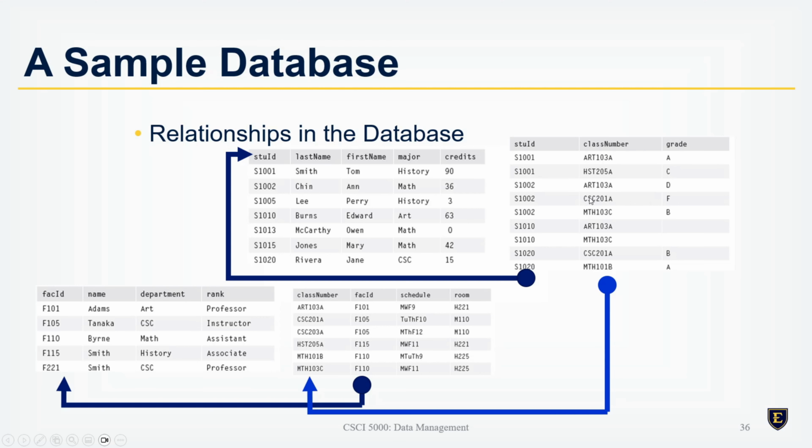Well, this particular course is CSC 201A. So if we look at the class table, CSC 201A was taught by Tanaka Tuesday, Thursday, and Friday at 10 in room M110. So this is how the data in this database relates to each other.